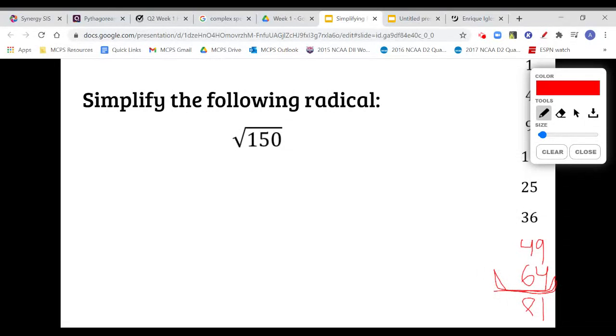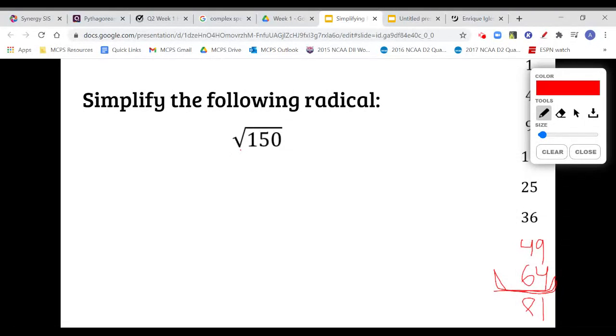Okay. And then I'm just going to sort of work through this. So 150 divided by 64 doesn't come out perfectly. 150 divided by 49 doesn't come out perfectly. 150 divided by 36 doesn't come out perfectly. Oh, 150 divided by 25, that does come out perfectly. That comes out to 6.